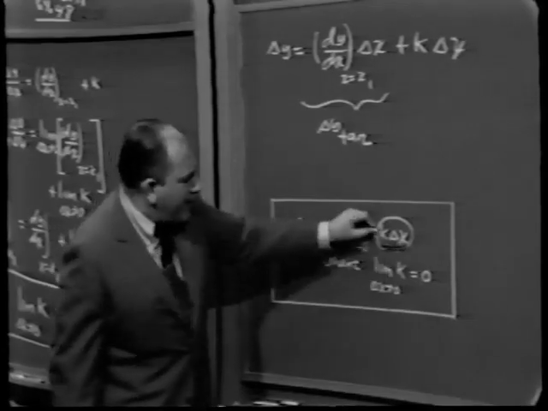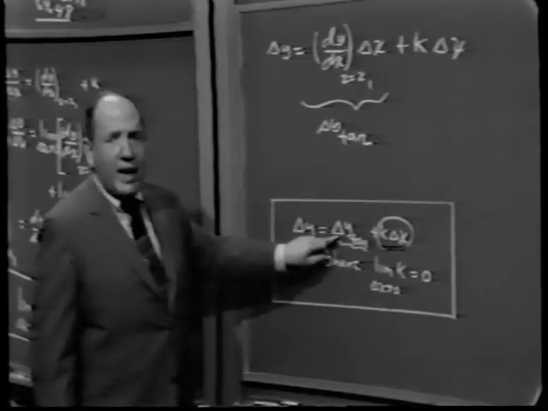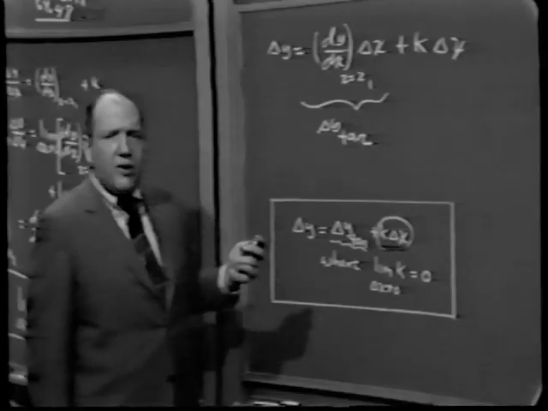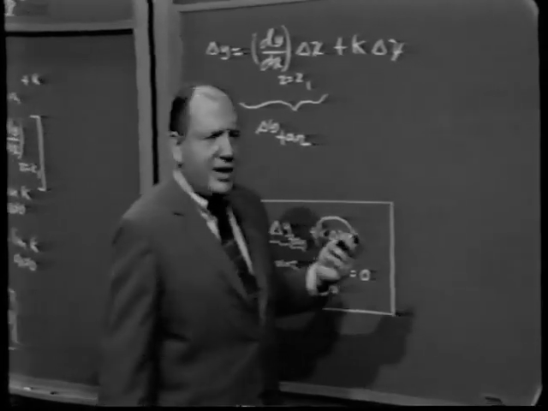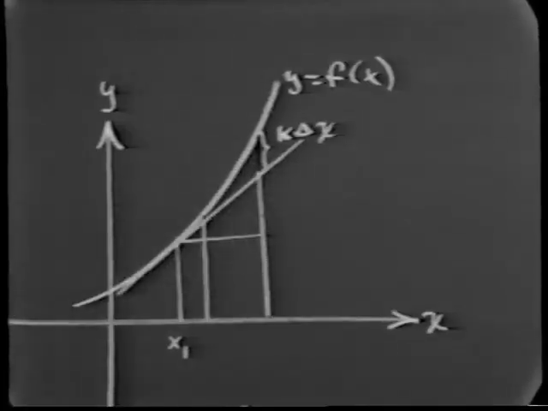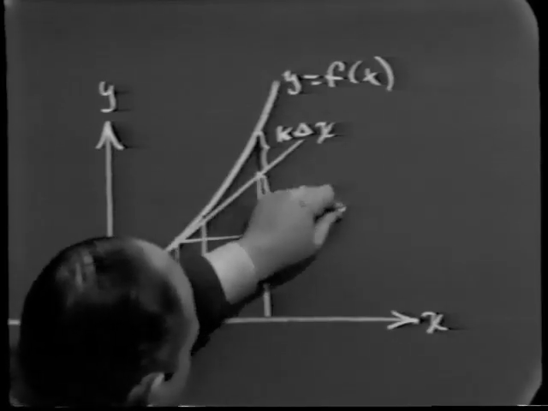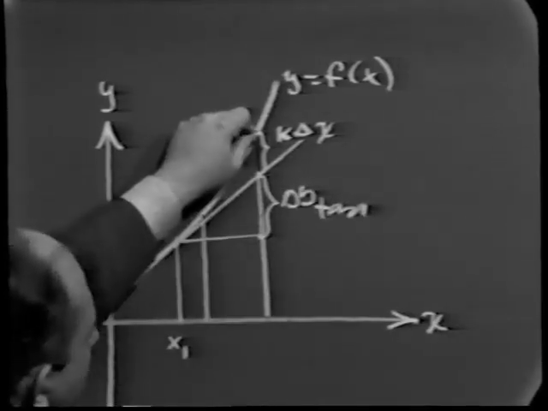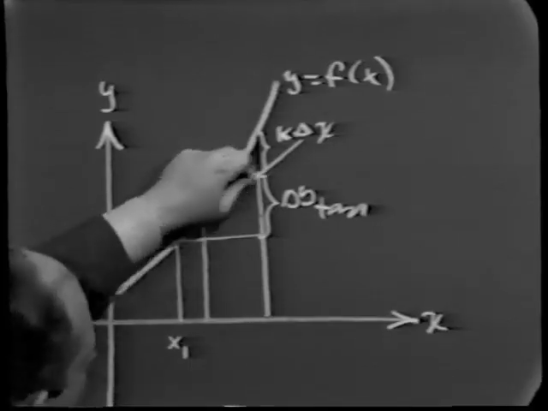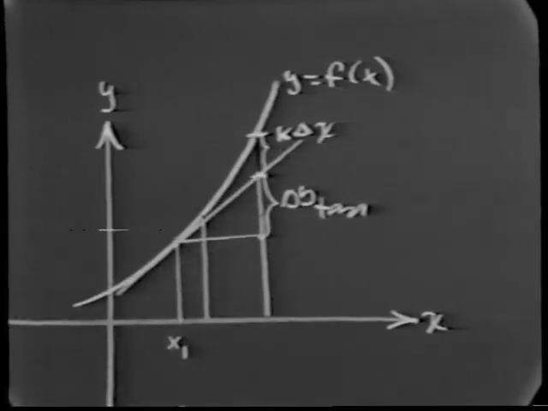See, what is the error? The error is k times delta x. That's the difference between these two things. Again, if you want to see what this thing means pictorially, and I wish I knew a better way of doing this, but I don't, notice that k times delta x was defined to be the difference between delta y and delta y tan. In other words, since this length here is delta y tan, and since this entire length would be called delta y, again, the accented line, this length here is k times delta x.